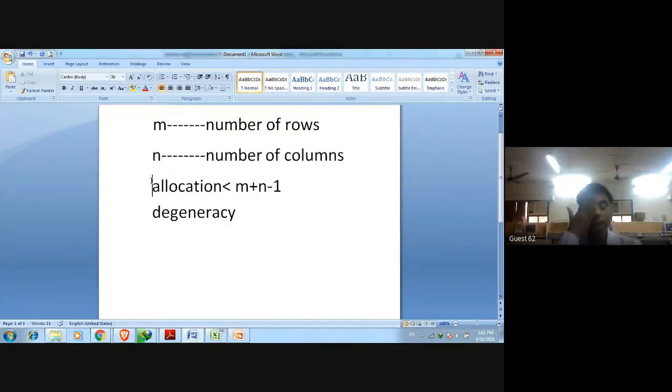If your allocations are equal to m plus n minus 1, then it is non-degenerate.